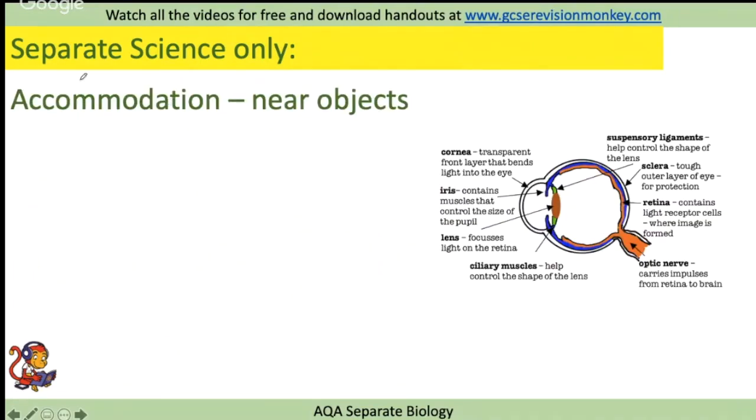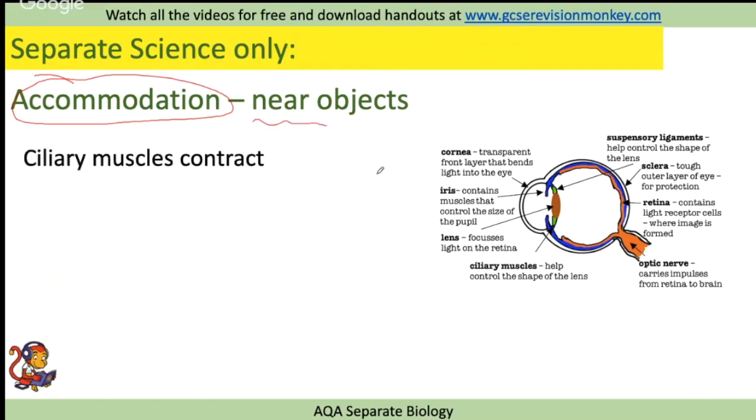Accommodation, we're going to go through in a little bit of detail. Accommodation is when your lens changes shape to look at either objects that are close to you or far away. So let's look at near objects first of all. Objects that are close to you, your ciliary muscles contract. These are muscles that are attached to your suspensory ligaments just here.